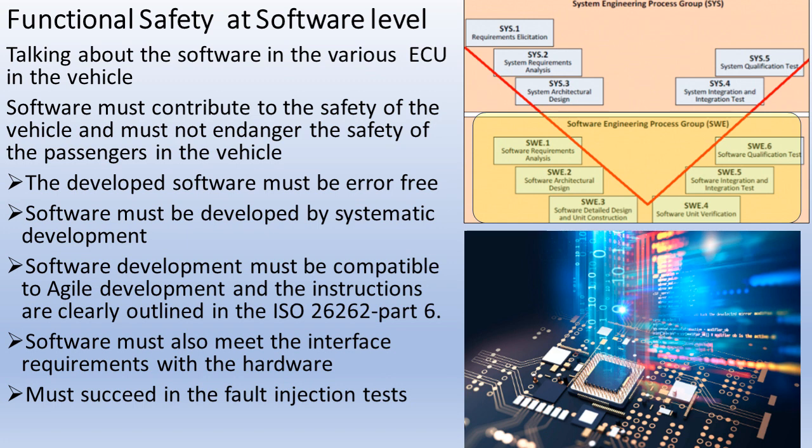Now, there is one more important requirement that must be met. Software must also meet the interface requirement with the hardware. I'm sure everybody knows that there is a proper software and hardware interface, which may be AUTOSAR, or an RTOS, or base software, or application software. All these various kinds of software have their own independent interface with the hardware.